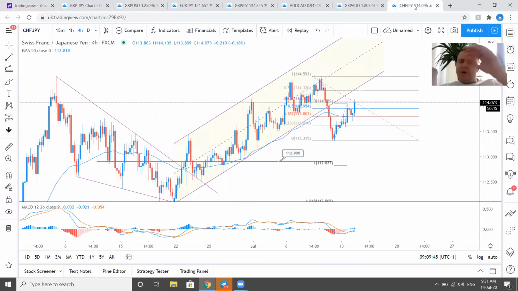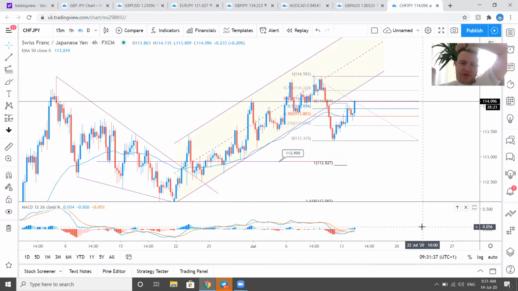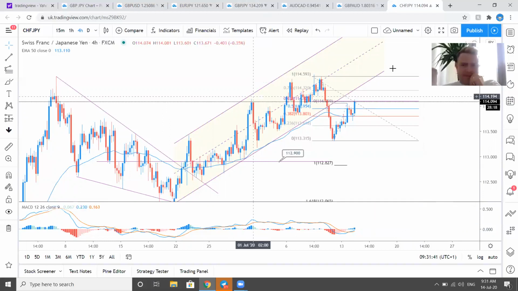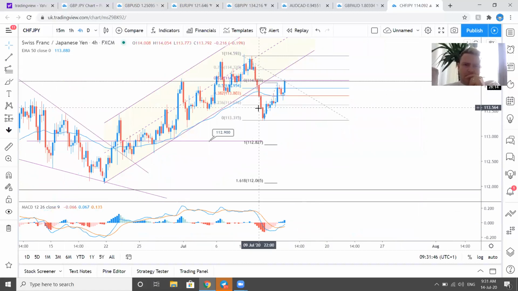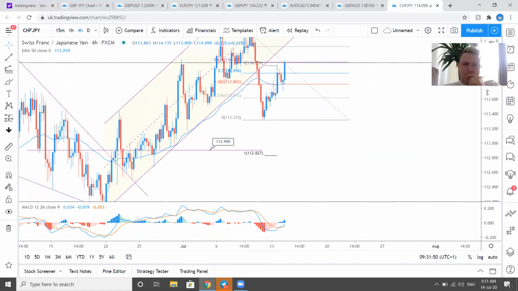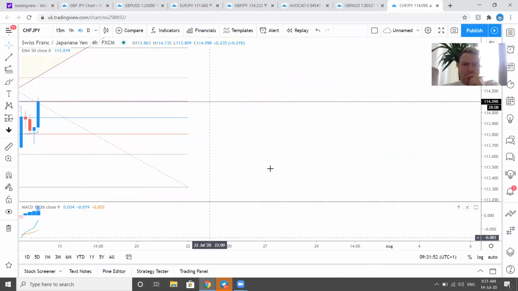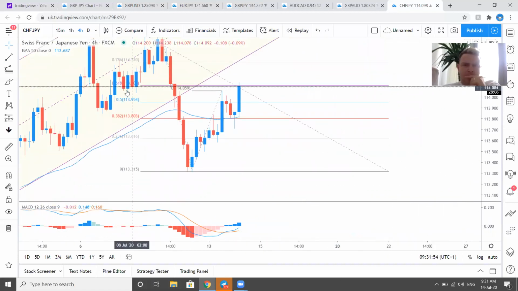Do you mean like flags or double top or anything at all? Okay, so like here, I'm using it on a channel break. On CHF JPY, we've got a break of a channel, and we're starting to see a pullback, and it's sat right on our 61.8 level.